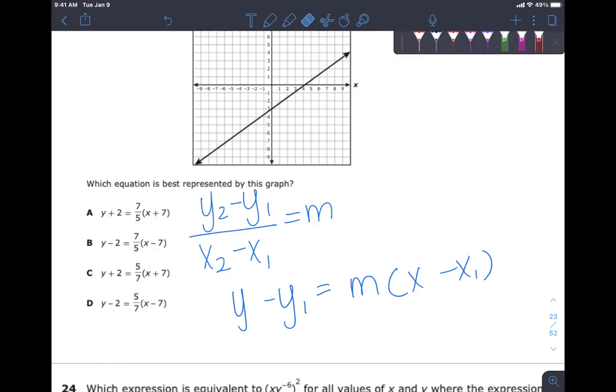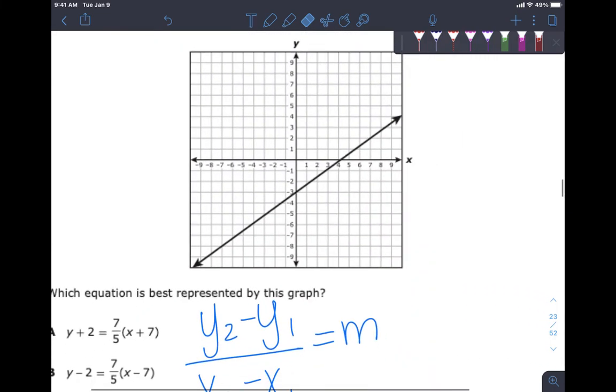Now, what people typically use this formula for is they take any point on the line and the slope, and instead of plugging it into y equals mx plus b, solving for b and rewriting it, they plug everything in here and then rearrange it until it looks like y equals mx plus b. So for example, on this one, I can pick any point that I want.